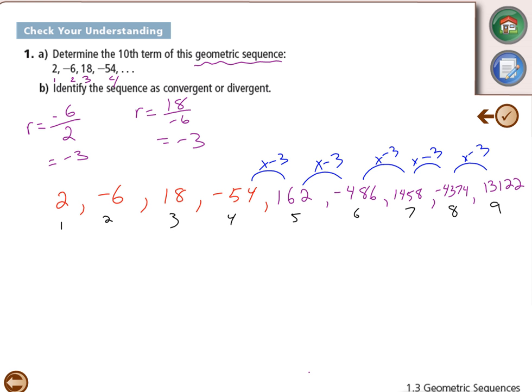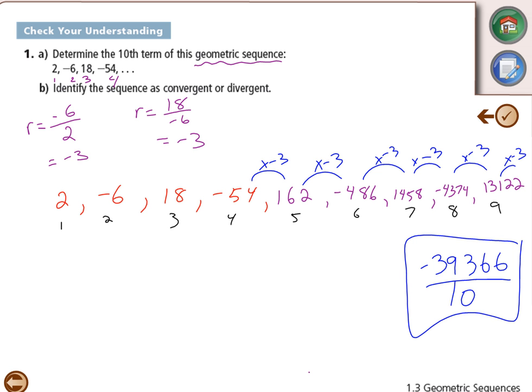We get all the way up to the 9th term. And now we do the final one again. Multiplied by negative 3. Which is going to give us the 10th term, which is now negative 39366.